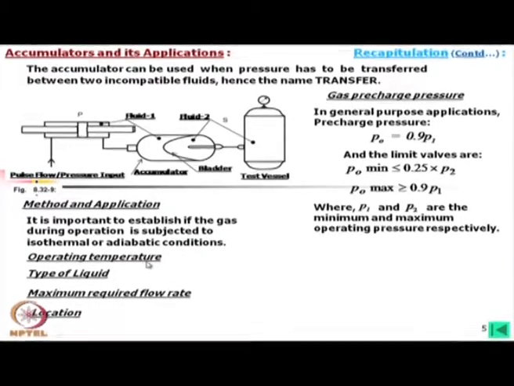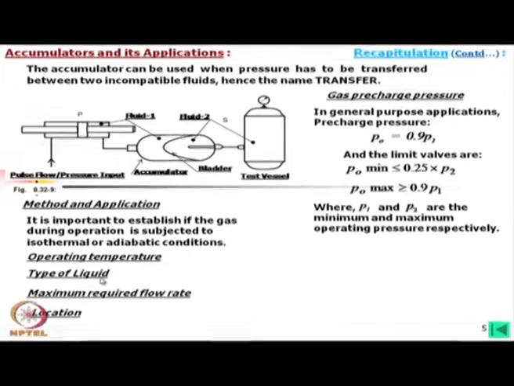As well, the operating temperature is important, the type of liquid is also important, and the maximum required flow rate we have to look into, as well as the location where we should put the accumulator.